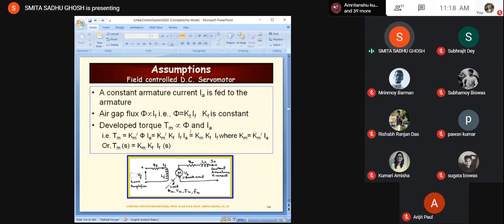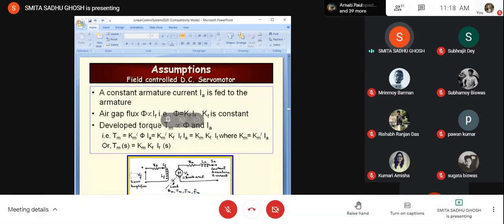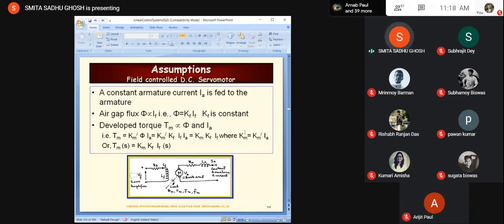That can be rewritten as Km into Kf into If, because since we are operating the servo motor in the field controlled mode, recollect that the armature current is being kept constant. So the Ia over here is constant. So we take the Km prime into Ia as another constant and denoted by Km.